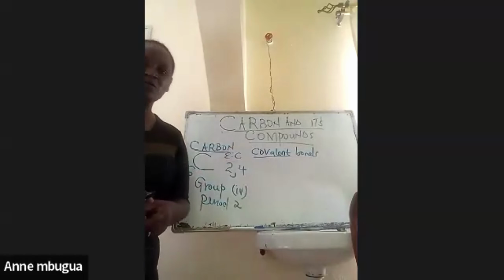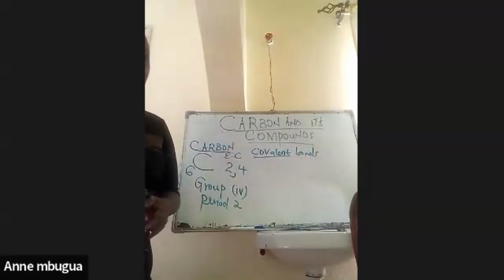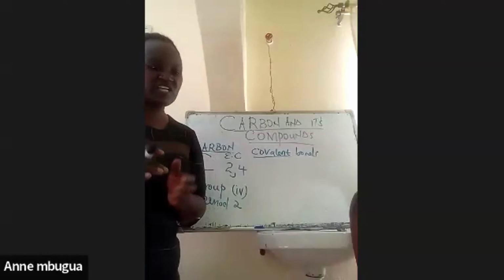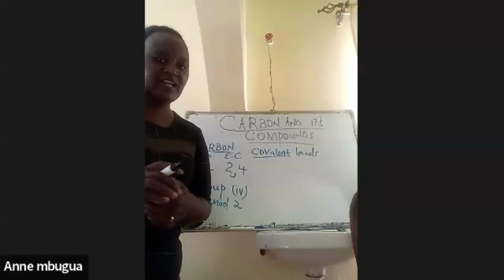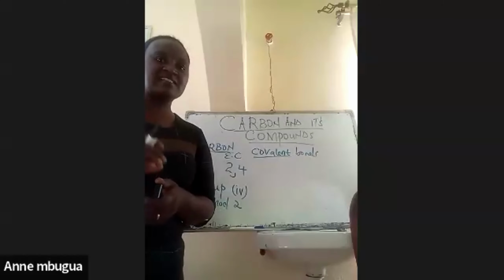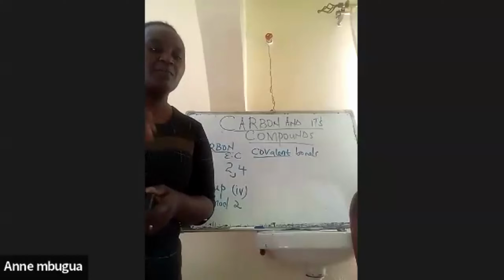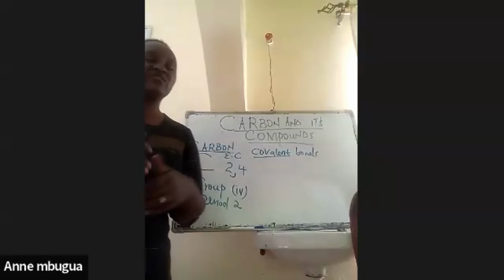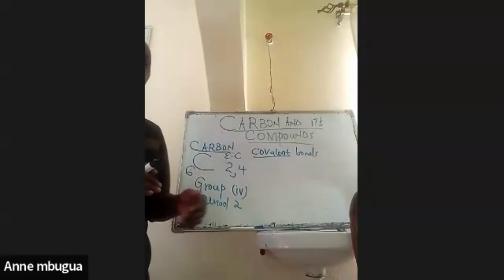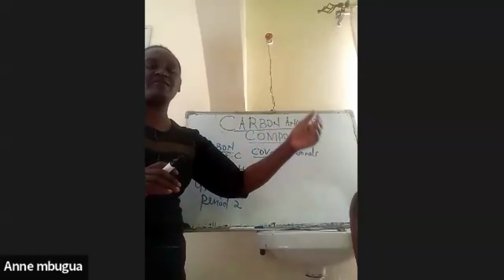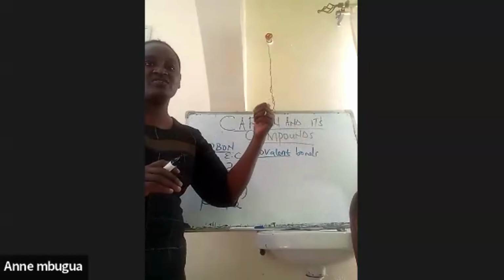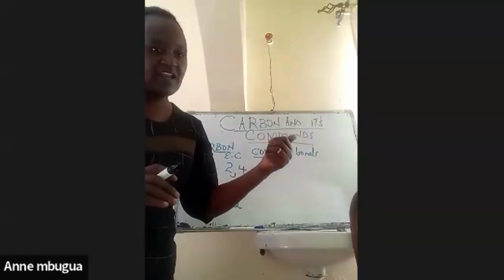Covalent bonds are bonds formed when there is equal contribution and equal sharing of the valence electrons so as to attain stability. It occurs in atoms of non-metal elements of the same or different elements. So carbon is a non-metal, and once it is combining with other elements, it does so by contributing and sharing, resulting in a covalent bond.